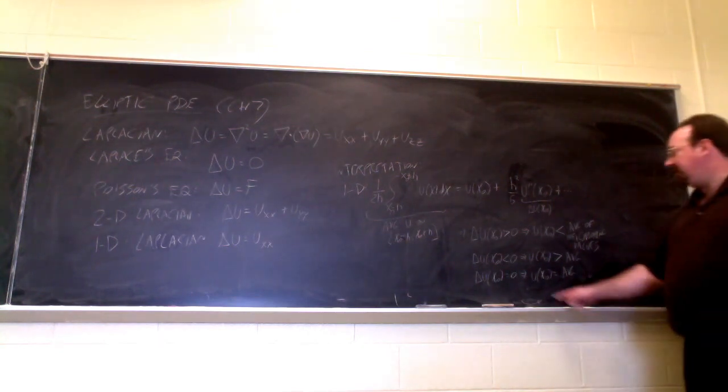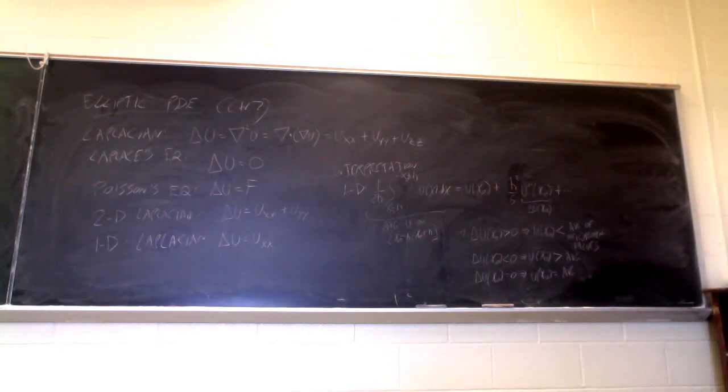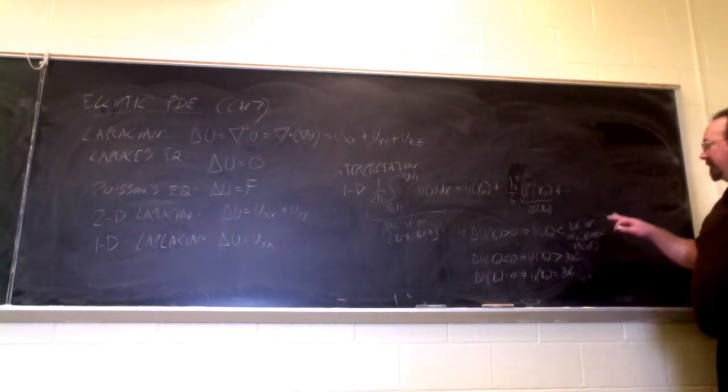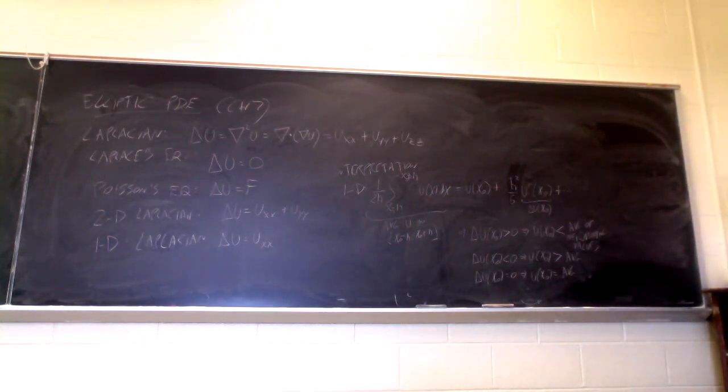In fact, this particular property, which is called the mean value principle, and I'll state that more formally later on in higher dimensions, is very useful to us in proving things about solutions of Laplace's equation or Poisson's equation. So this is an interesting interpretation of the Laplacian to keep in mind.